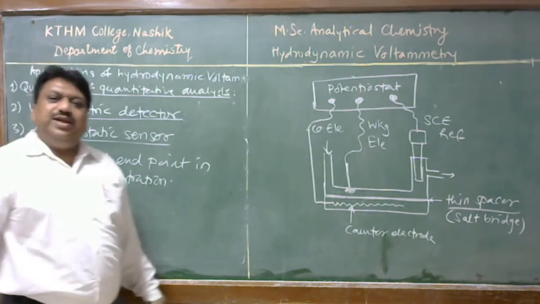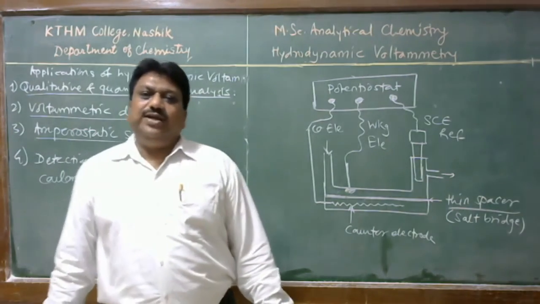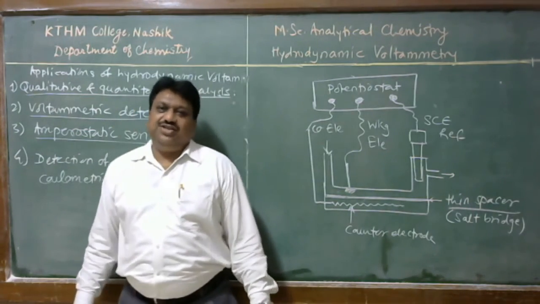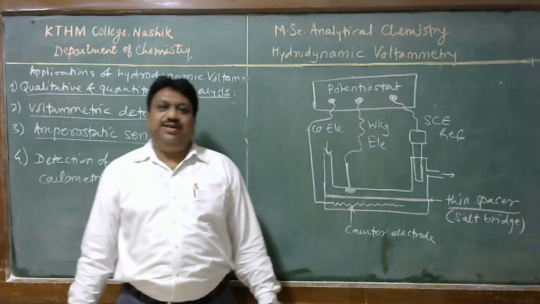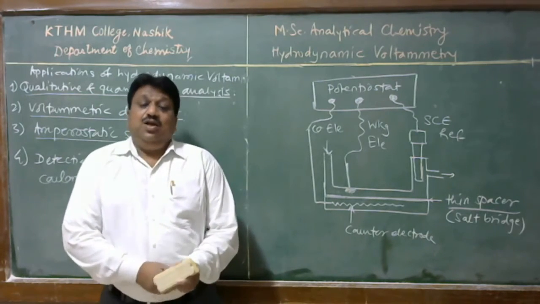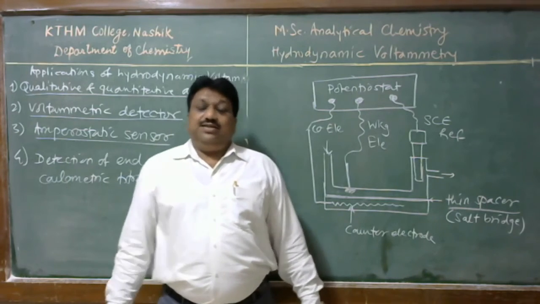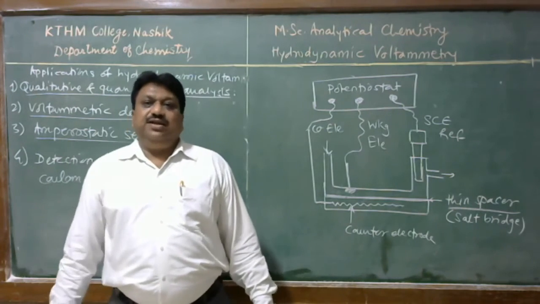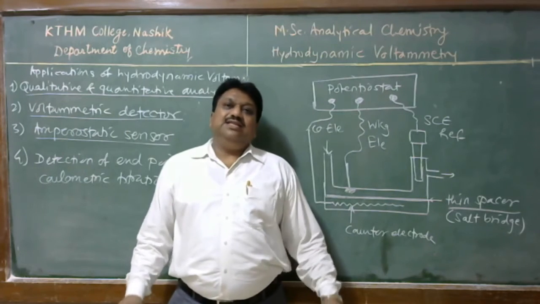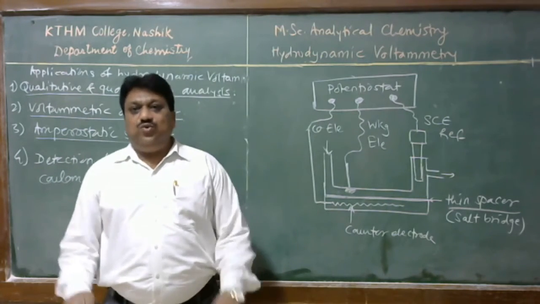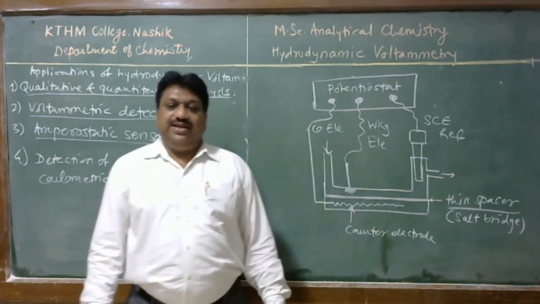We know that coulometry is a method of quantitative analysis in which we measure the quantity of electricity for determination of the amount of analyte. Coulometric titration is a secondary type of coulometric method in which the analyte is selectively oxidized or reduced by using another auxiliary reagent.